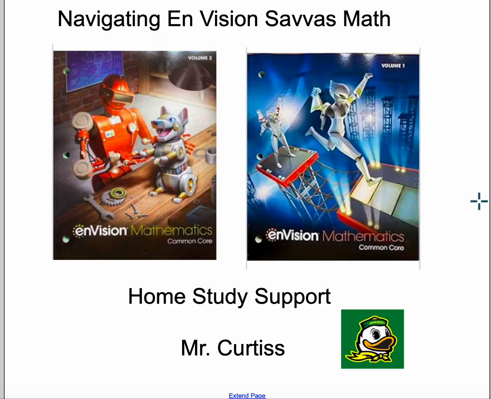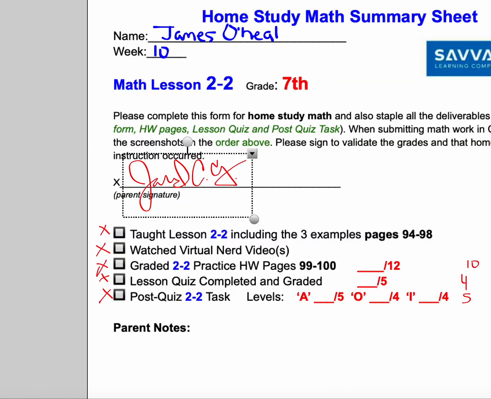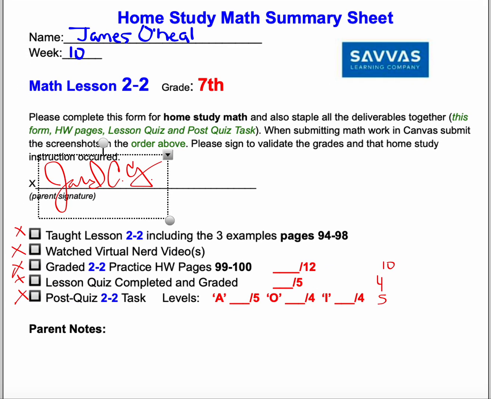So the Envision 7th grade here, and the 8th grade Savvas Math home study support is for you, just to make sure we all know exactly what we're grading, what we're signing, and what we turn in, and how to access that information. So I'm thinking, okay, what do I have to do as a homeschool parent? First off, in Canvas, you will find this summary sheet. I also gave this to the students on Tuesday, the 22nd.